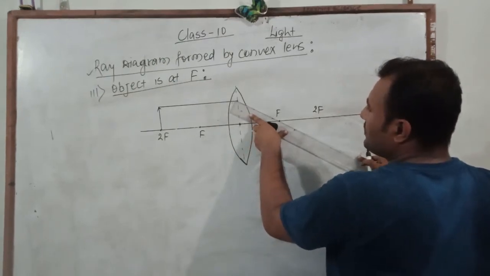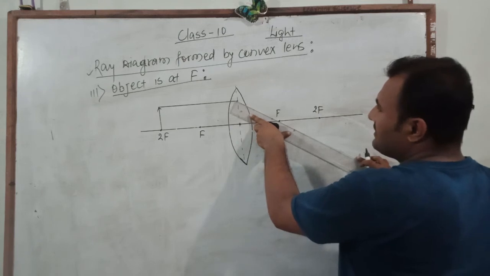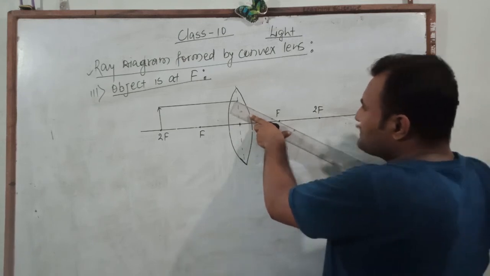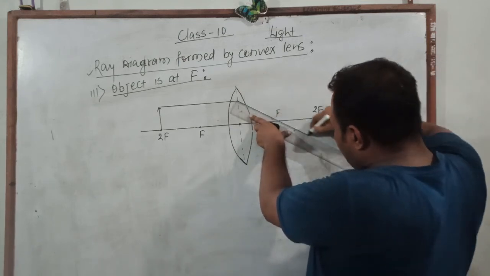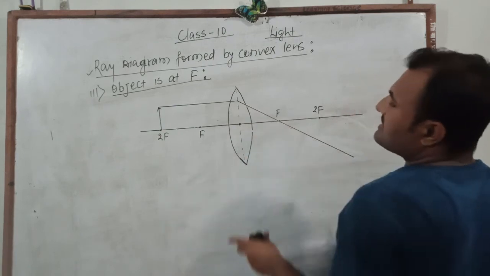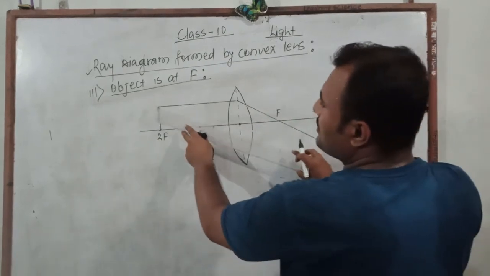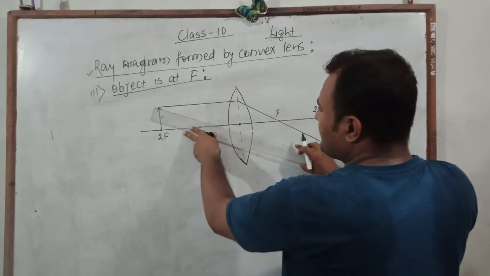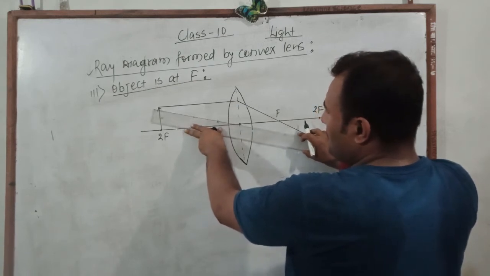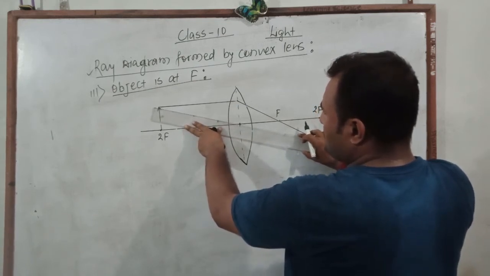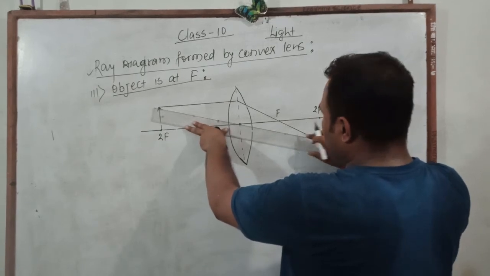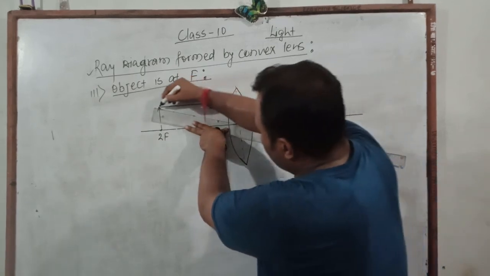According to the ray rule, the ray of light parallel to the principal axis passes through f, and the second ray of light we take from the top of that object and it passes through the optical center. It goes without bending. Listen carefully, we draw it without bending.